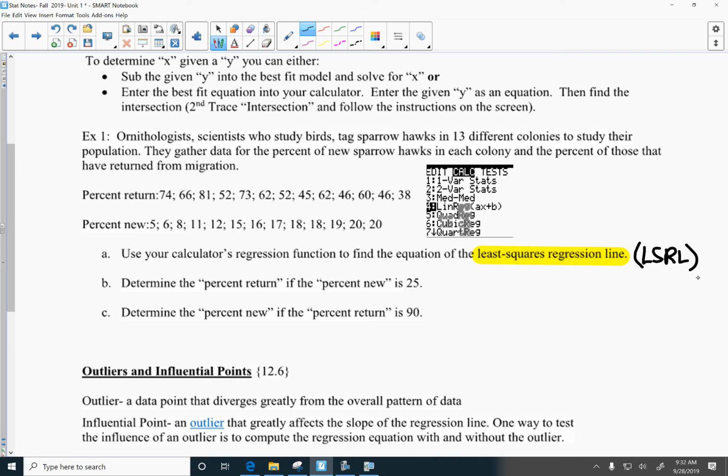That's actually the standard statistical abbreviation for linear regression equation, least squares regression line, and so on. So that could be the notation used on the test. If that finds its way onto your index card, it's probably not the worst idea in the world. The question could say, use your calculators, or regression functions, to find the LSRL.